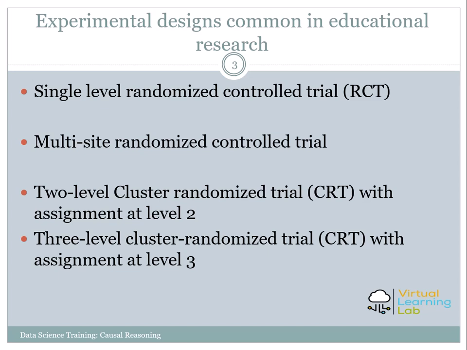Also common is students nested within classrooms and treatment assignment at the classroom level. You can have a 3-level cluster randomized trial, students nested within classrooms, within schools, with assignment at the school level.